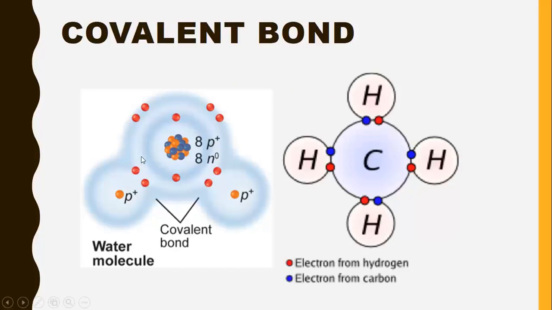But this water molecule is polar because think about it, it's unequal pulling. This side is being pulled more, and there's nothing here to balance it out. If you're in my chemistry class, we'll talk about electronegativity.